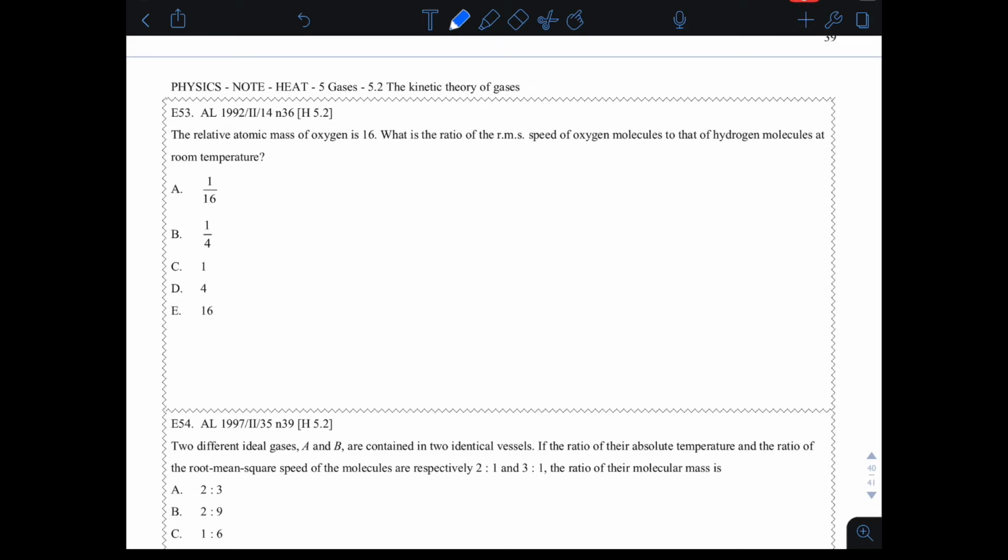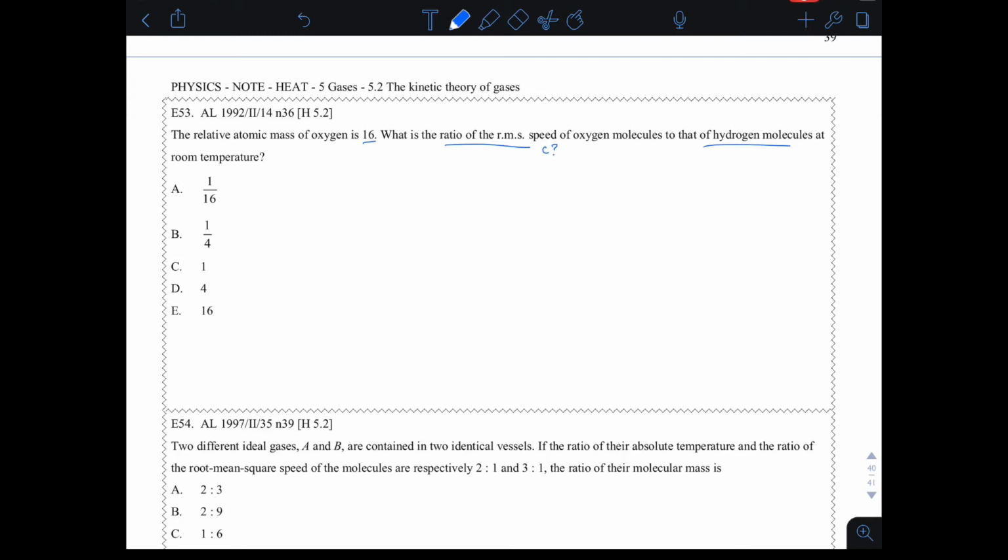Next, we're looking at the relative atomic mass of oxygen is 16. What is the ratio of RMS speed C of oxygen to that of hydrogen? Some of you may be a little bit worried because you don't study chemistry, so we really don't know what the meaning of relative atomic mass 16 is, and what is the relative atomic mass of hydrogen.